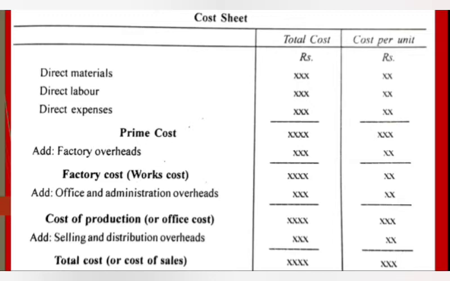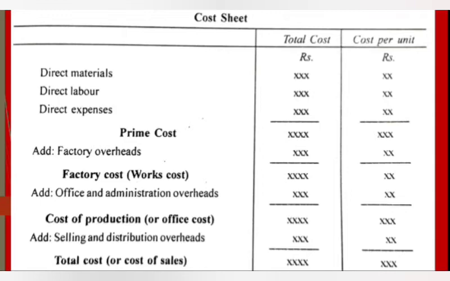What comes under office overheads? It can be office salary, rent, postage, printing and stationery, audit fees, depreciation of furniture or telephone charges. All this should be added with the factory cost, then we'll get cost of production. It is also known as office cost of production or office cost.